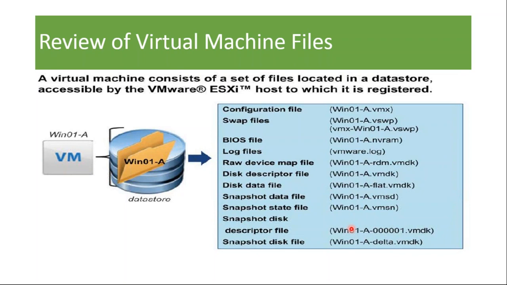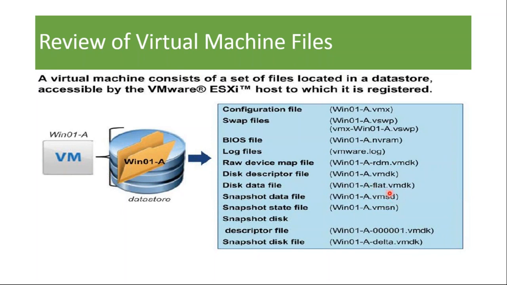So the configuration file is stored with the .vmx extension, the swap file with .vswp, the BIOS file with .nvram, and the log file as vmware.log. If a raw disk is mapped, the raw device map file will be saved as rdm.vmdk, and the disk descriptor file is saved as .vmdk.